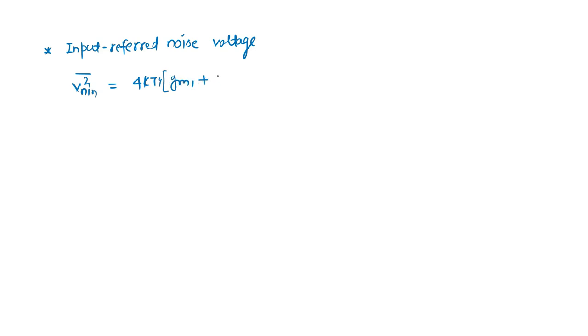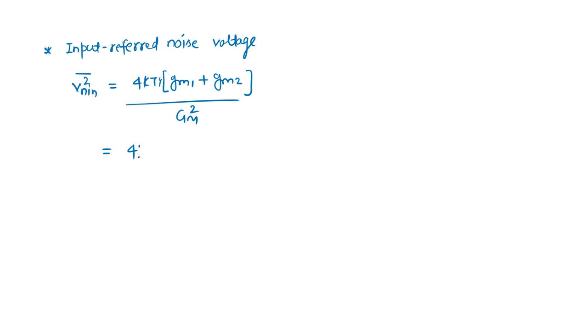So now we can refer the noise to the input. What is the input referred noise voltage? It is simple. Vn input referred mean square value is 4kT, and gamma I'm putting outside, gamma (GM1 plus GM2), the output short circuit noise current referred by this GM of the entire circuit squared.